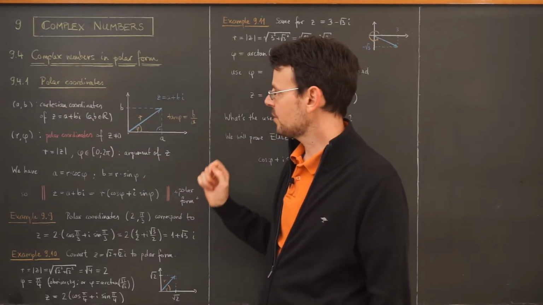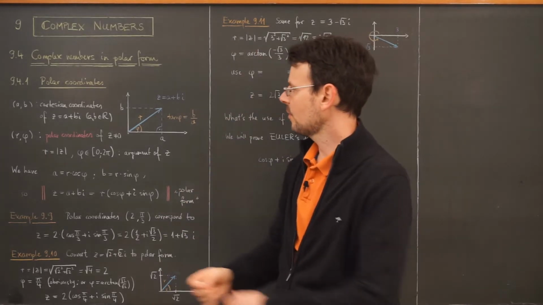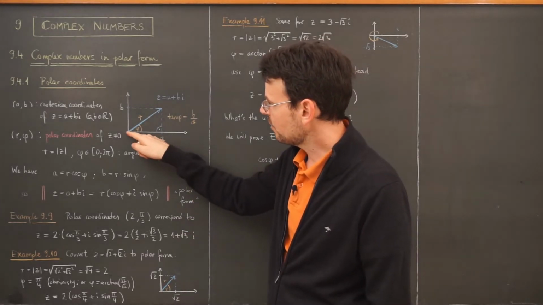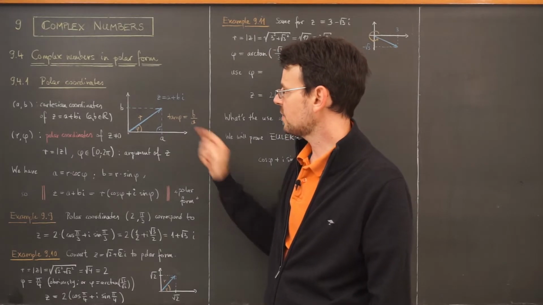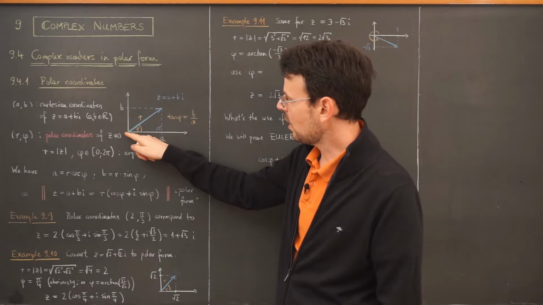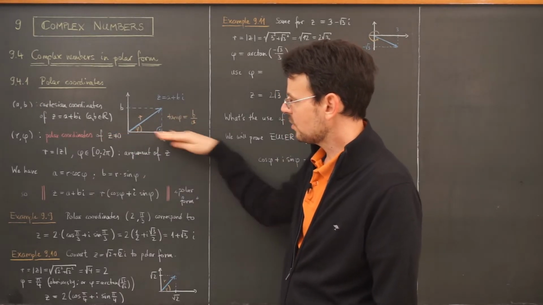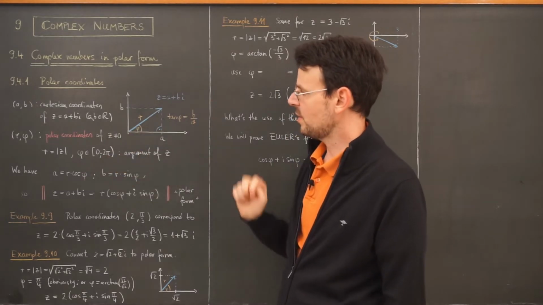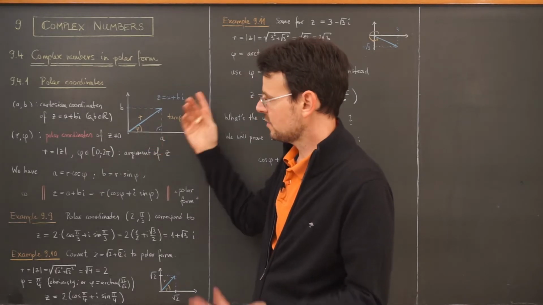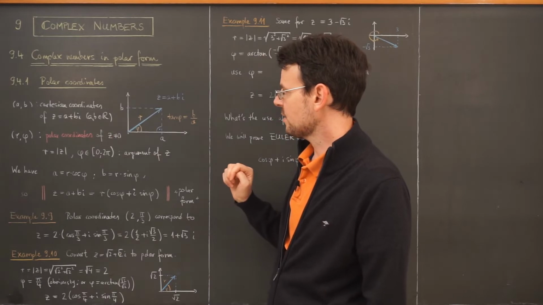Now there's another possibility of describing how to get from the origin to the end of this little arrow, which is by telling you how far you must go and the angle towards the real axis under which you must travel.